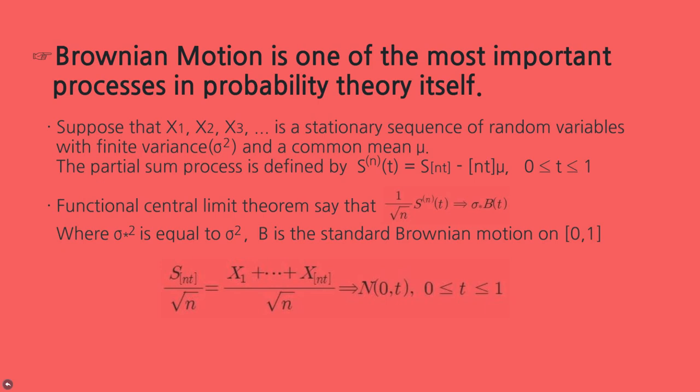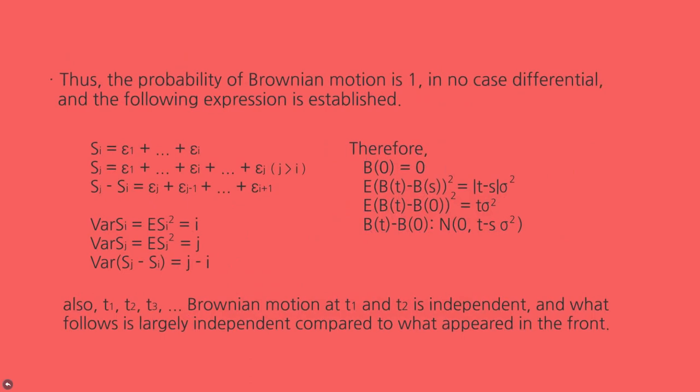At that time, follow the formula flow. Thus, the probability of Brownian motion is 1, in no case differentiable, and the following expression is established.